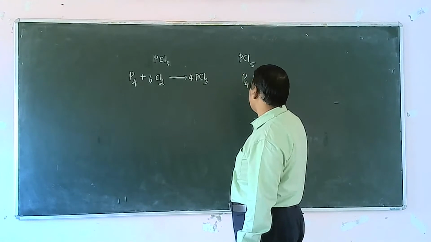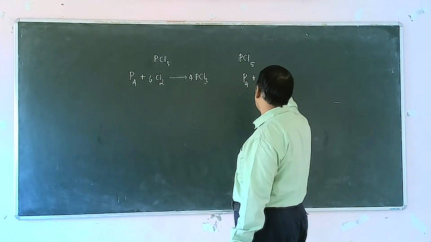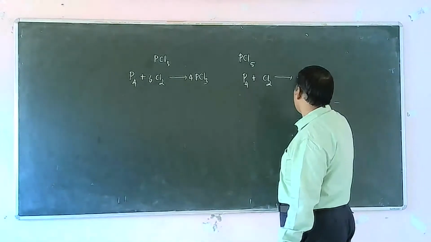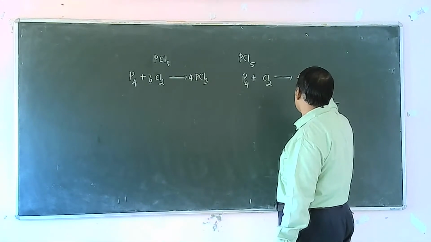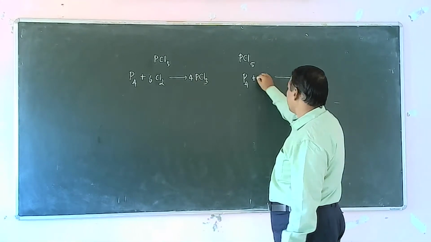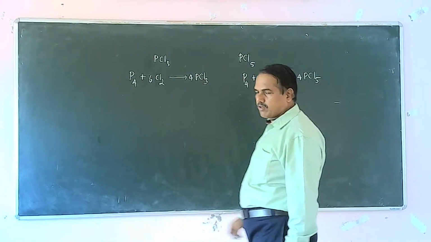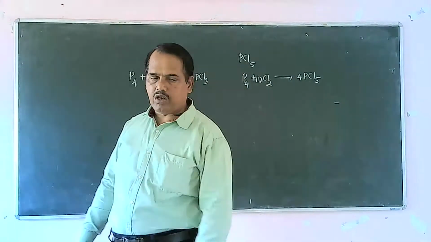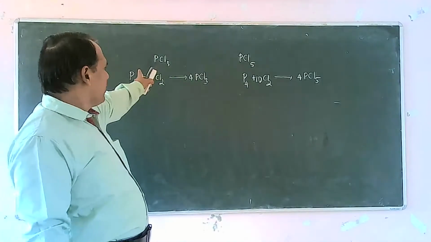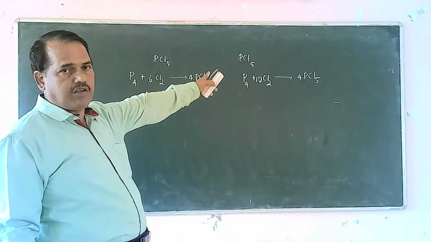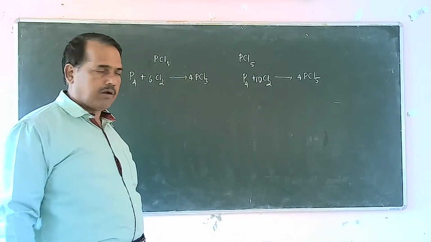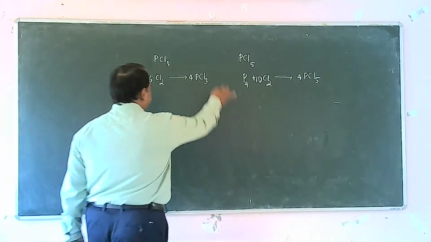When white phosphorus is treated with excess chlorine gas, you will get 4 PCl5, so it is 10 Cl2. On passing chlorine gas, phosphorus trichloride as well as phosphorus pentachloride can be prepared. Okay.